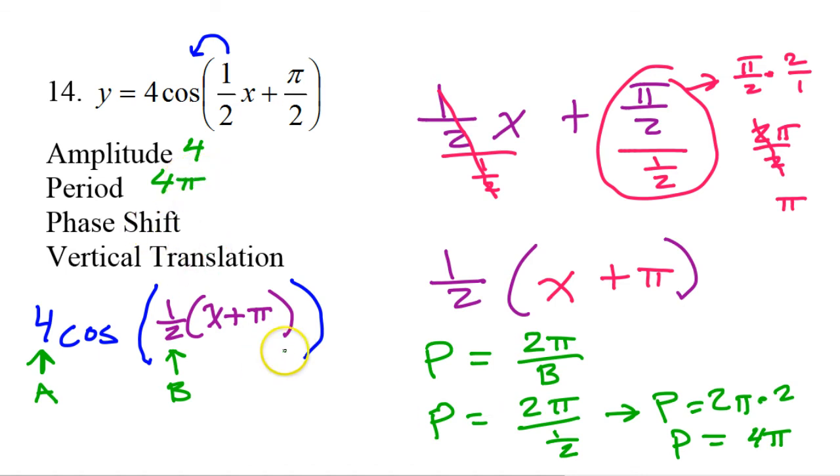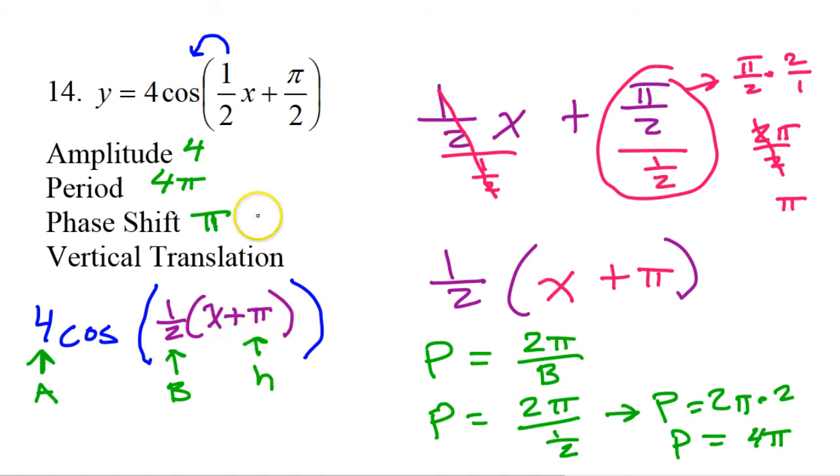Now the phase shift, I see my h value right here is pi. And notice that the phase shift is not pi over 2 the way it looked at first. Once you take the 1/2 outside of the parentheses, you see that the phase shift is actually pi. But it is the opposite direction of what you might think.